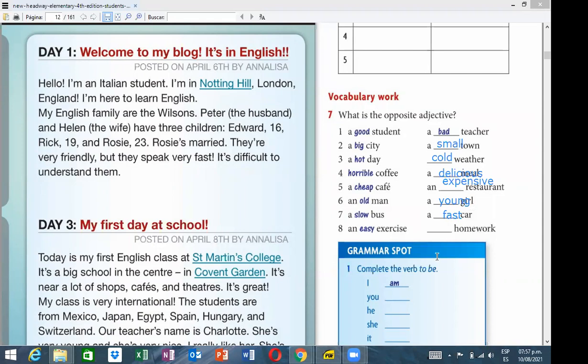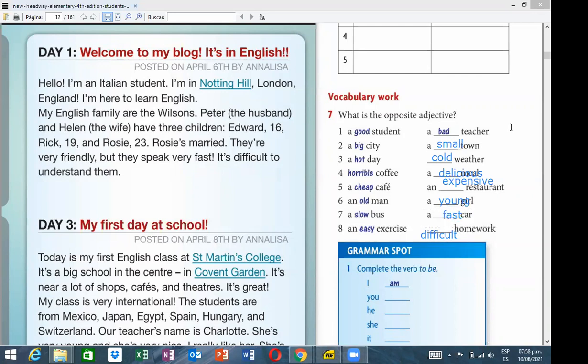Very good. Yes, excellent. Difficult, let me write here. Difficult homework, right? And that's it. We've finished that part.